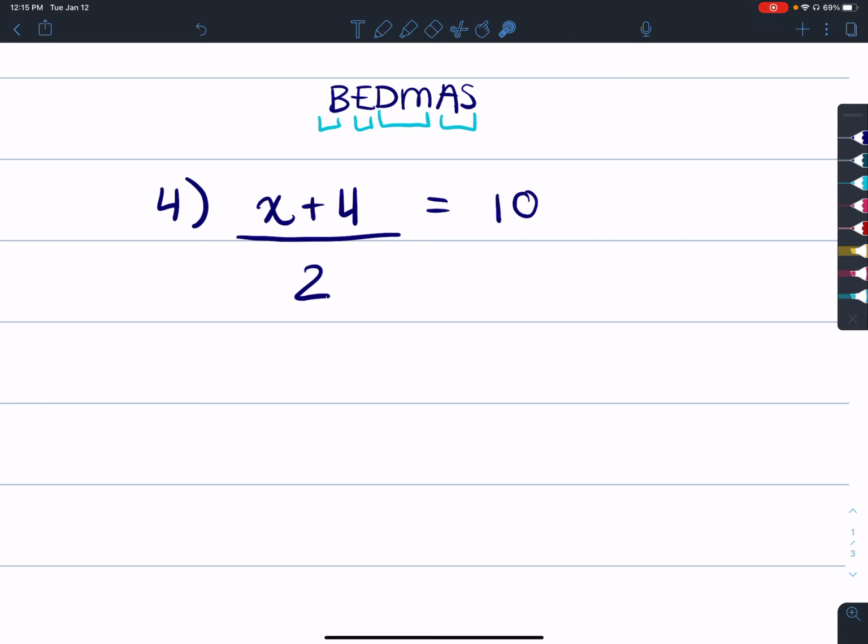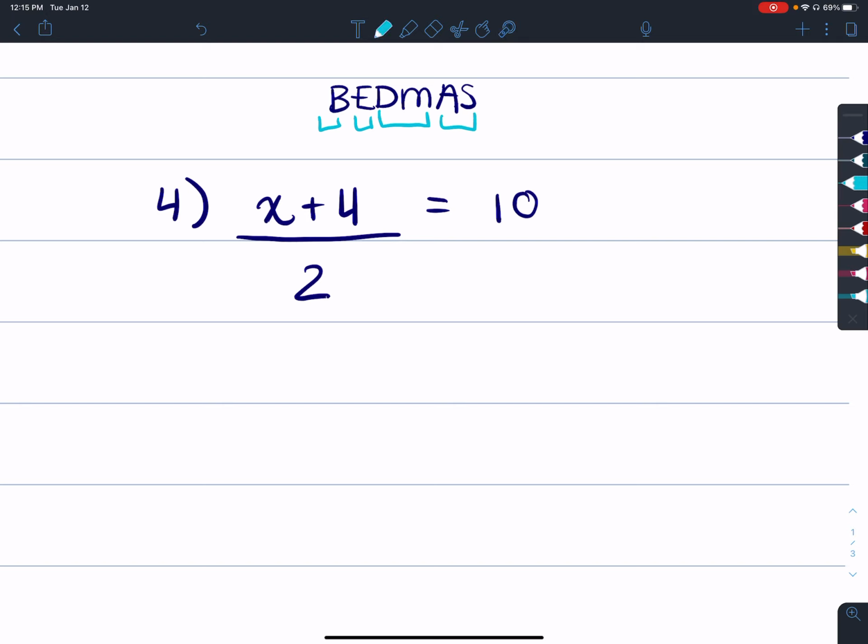So in the previous example, we said that we always start by undoing addition, subtraction. But there is a catch in this case. We are actually going to start by undoing this division because this giant fraction line here acts as a bracket. So we always want to start by the last step that we would do in a real problem.